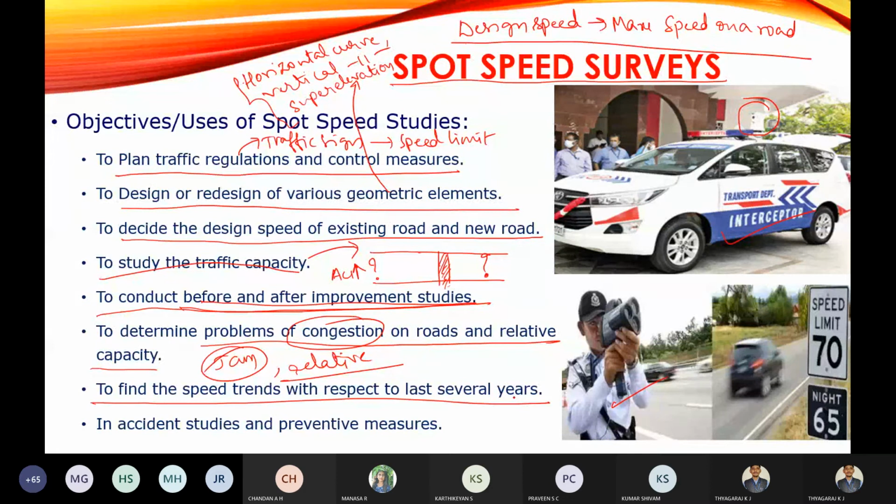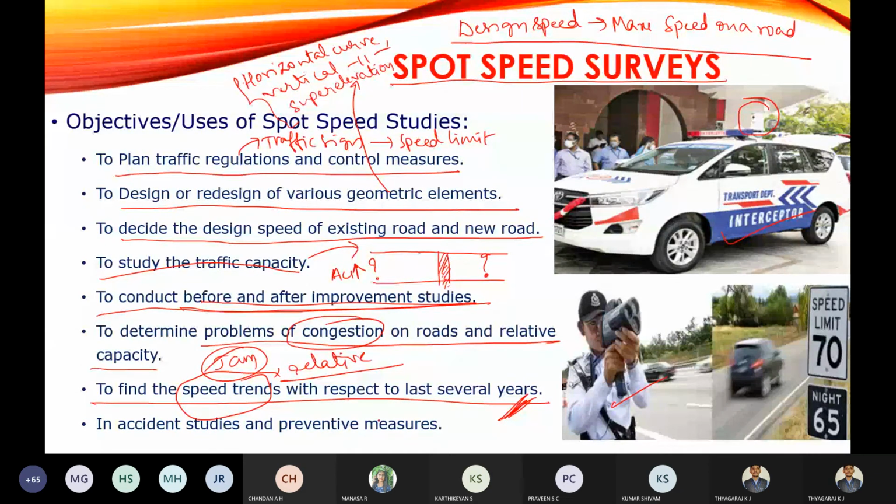In the last year, vehicles may have been moving at 40 kmph, but as time progresses to the next year, the speed may increase or decrease, which can be determined by this spot speed data. We can easily calculate the speed trends over successive years.